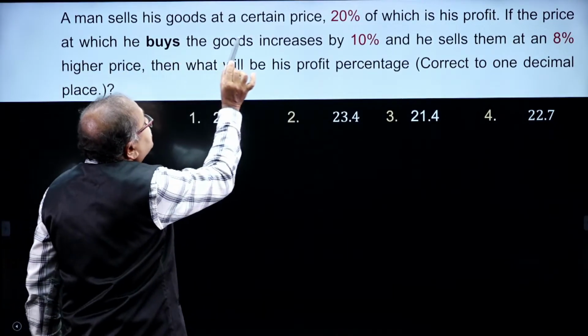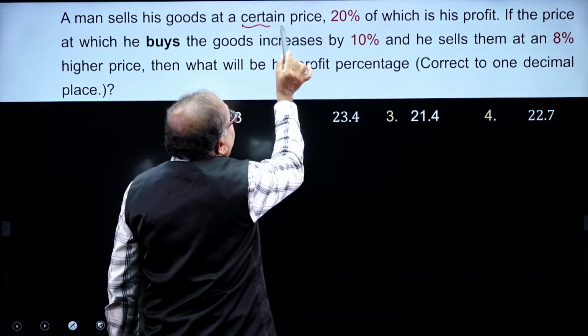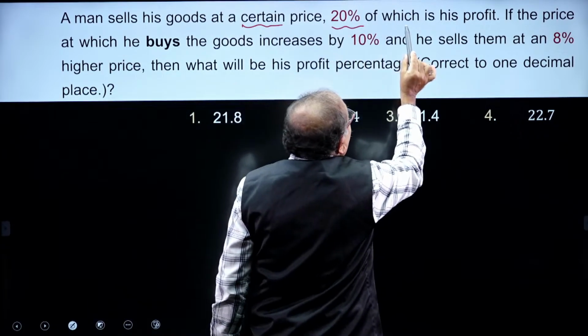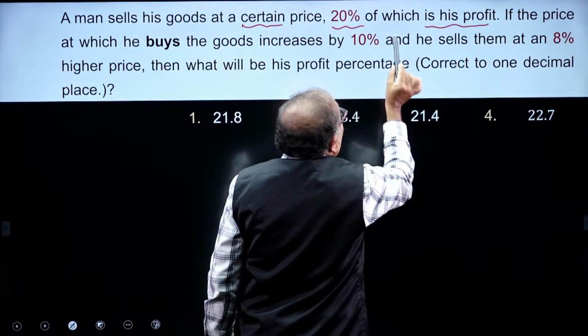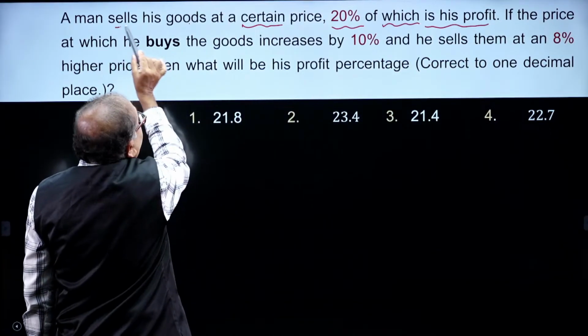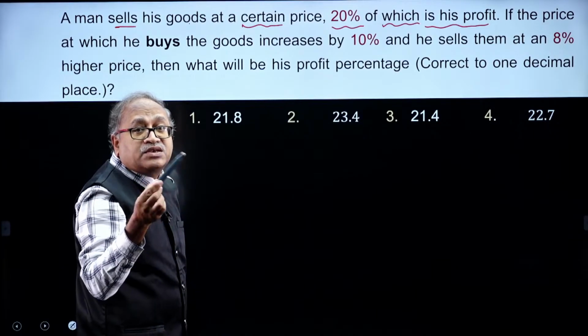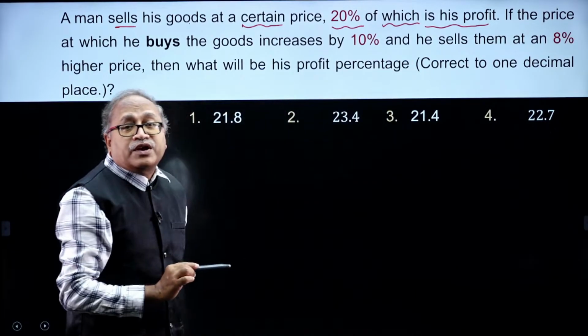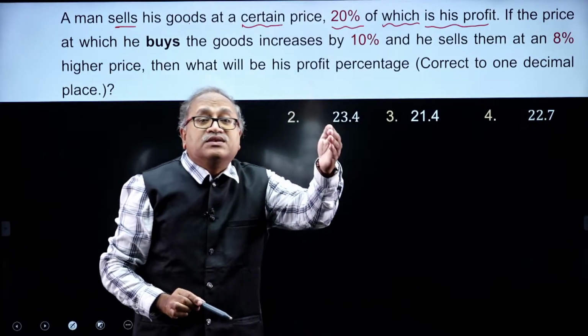A man sells his goods at a certain price. I don't know at what price. 20% of which is his profit, that means 20% of the selling price.